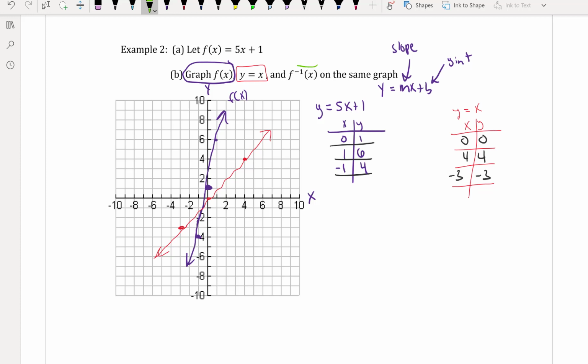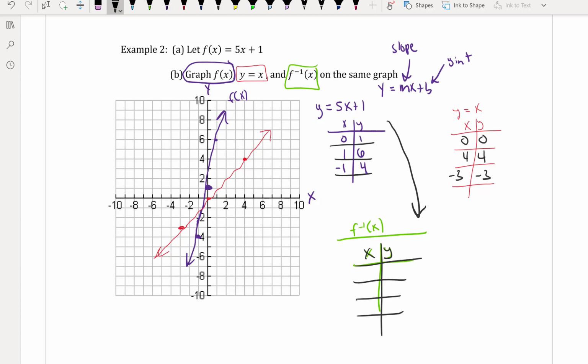Okay, and now I want to draw f inverse of x. Notice how for f inverse of x, they did not give me an actual equation that I can draw from. So that tells me all I can do is use points. So what I'm going to do is use my points from my f of x, and I'm going to just switch the order.